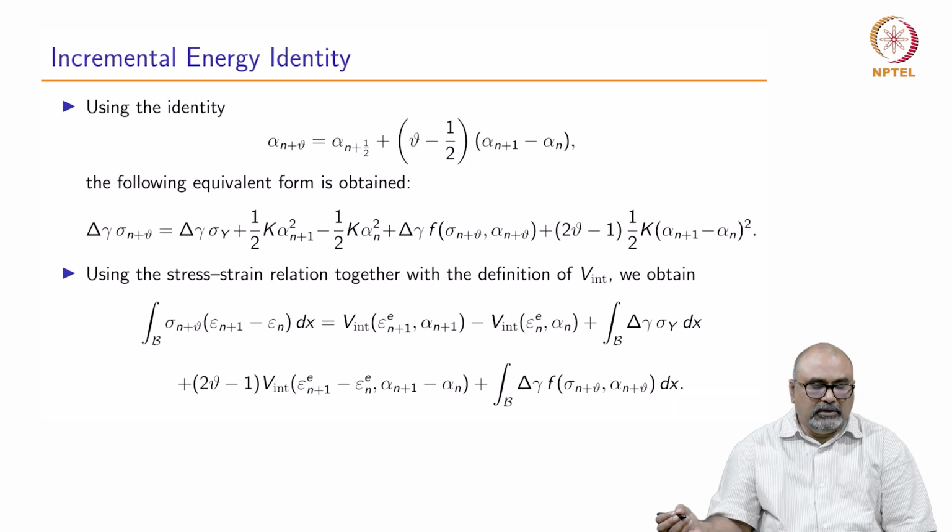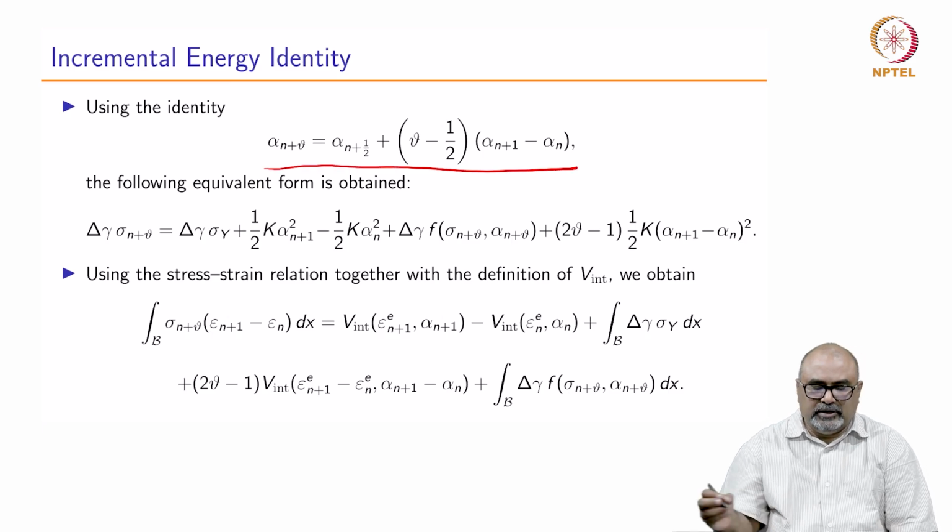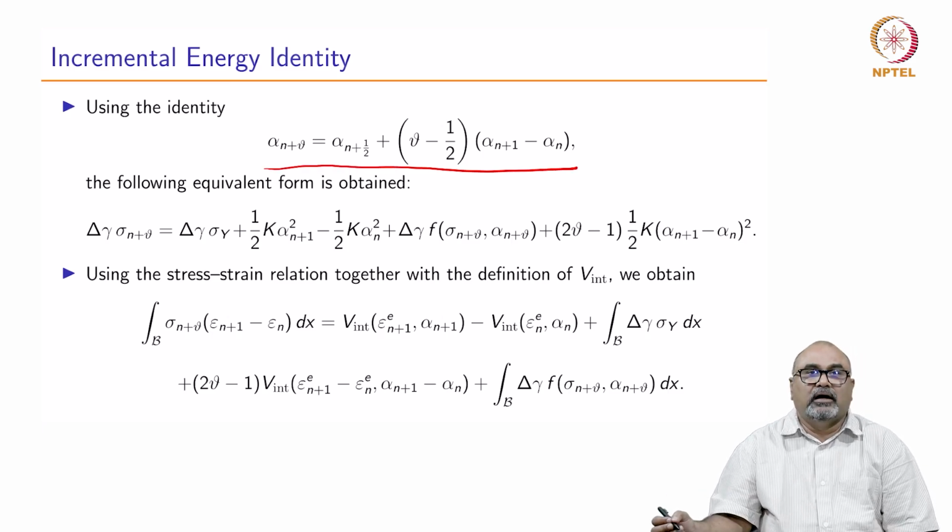Now, internal energy identity, using the identity that we have written: alpha n plus v is equal to alpha n plus half plus v minus half times alpha n plus 1 minus alpha n. The following equivalent form can be obtained by substituting for alpha n plus v.